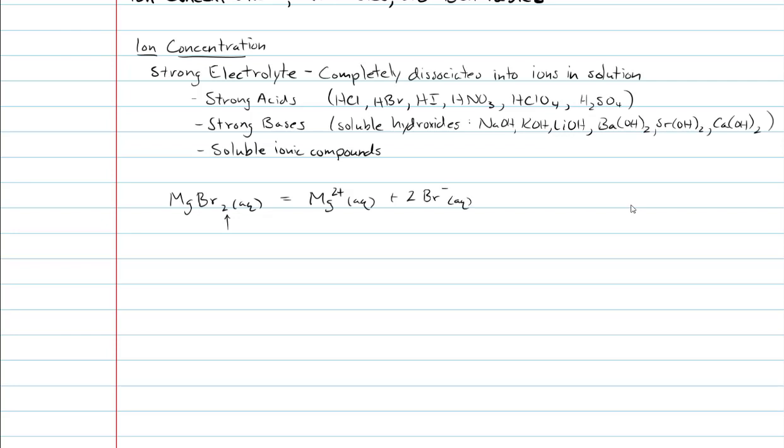There might be slightly less than 2. That's something that we get into in Chapter 11. But for right now, we're just going to assume that this is an ideal case and all of those ions completely break down. Same idea, say, for example, with barium hydroxide.